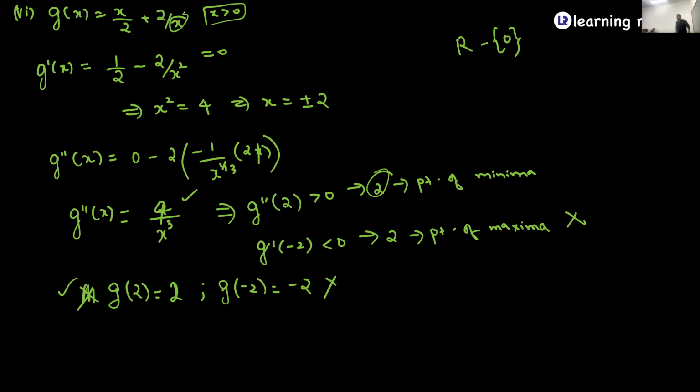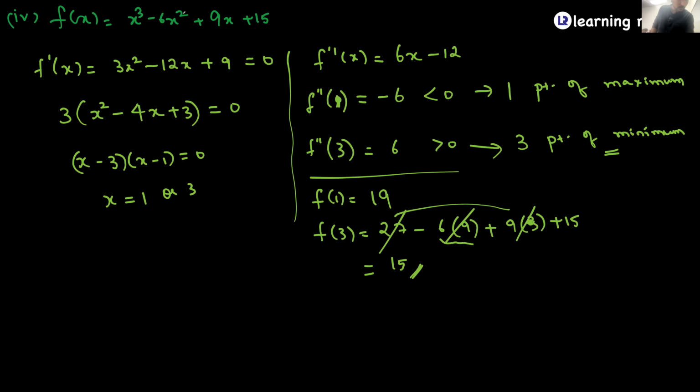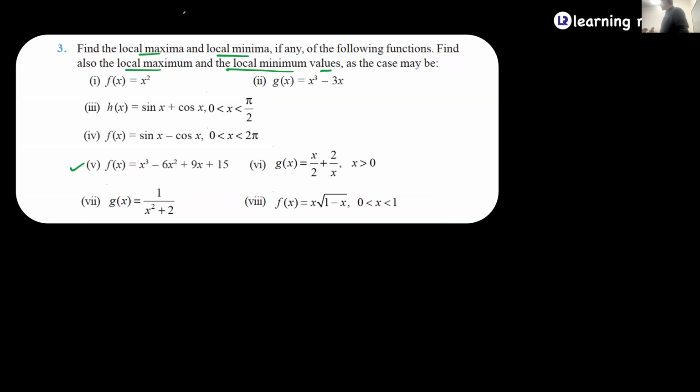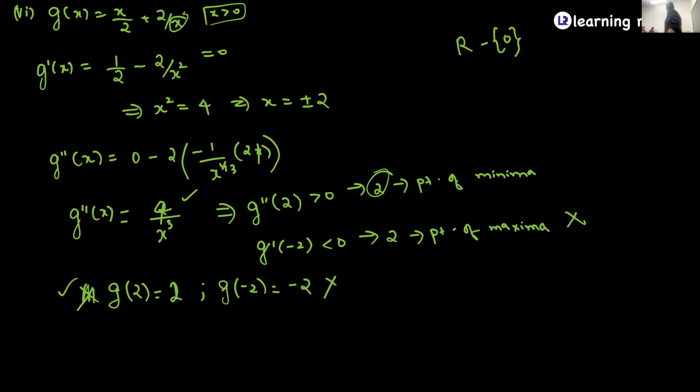Shall I proceed? G of x is equal to 1 by x square plus 2. That is the seventh question. So the seventh question is g of x is equal to 1 by x square plus 2. Right.